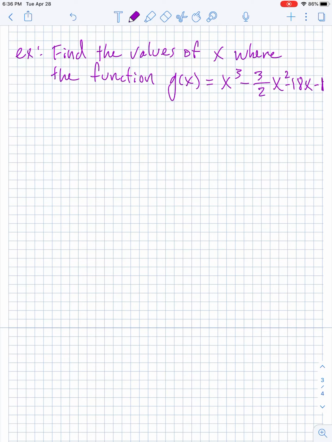Apologize, I'm going off the page there. Where it has a horizontal tangent line.